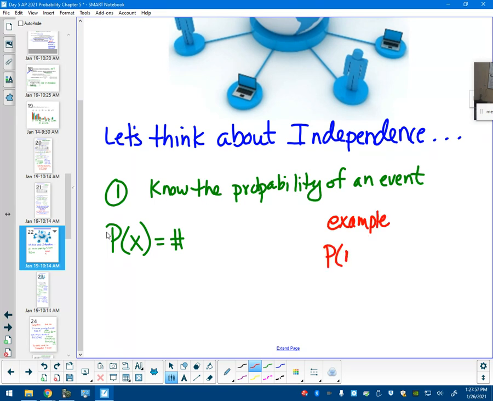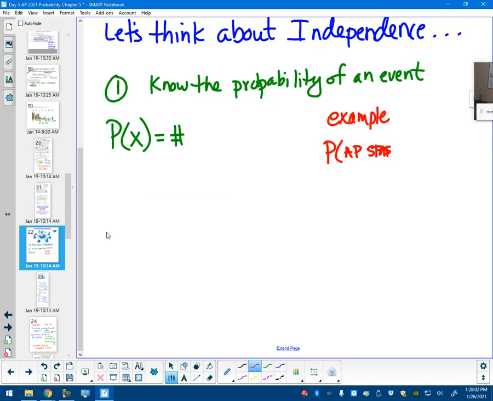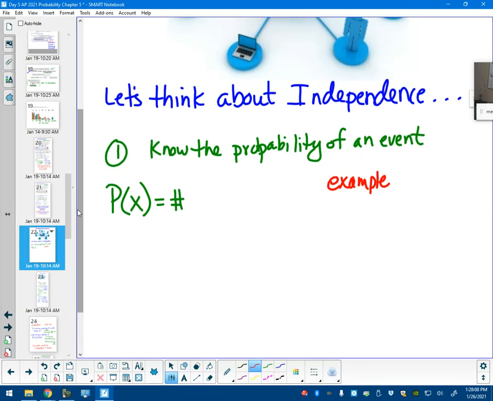The probability that you are a student taking AP Stats is 50 out of about, somebody said we had 800 here at Kenston. So if I know how many students we have. All right, we'll use 900.